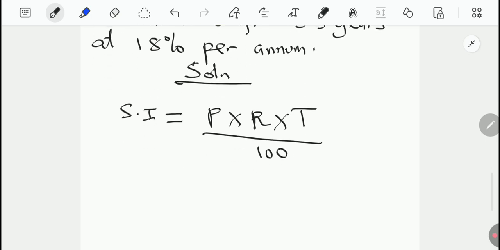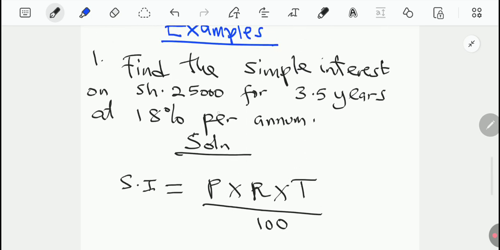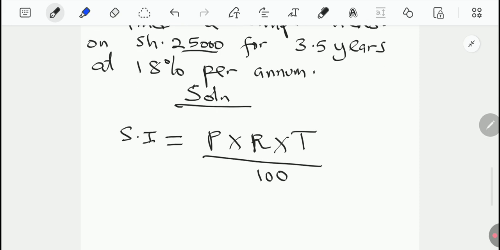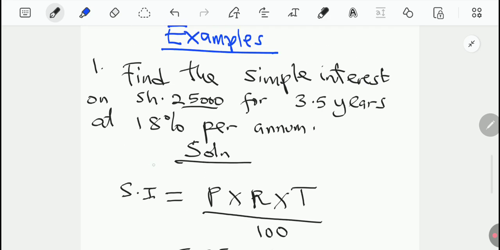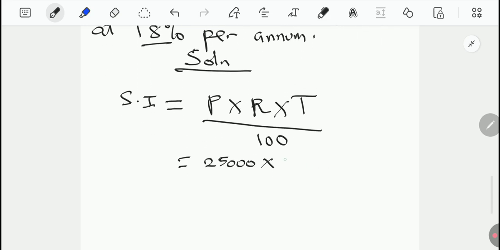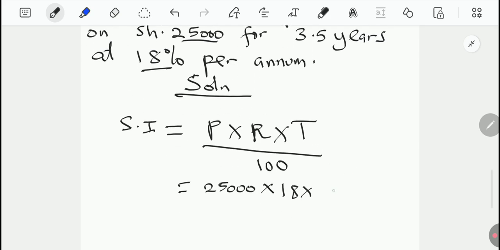Our principal is 25,000, as you can see from up here. So we put 25,000 where there is the P, times rate. The rate is 18%, so we put 18. If there's already 100 down here, just put 18, times time. The time is already in years, which is 3.5, all divided by 100.